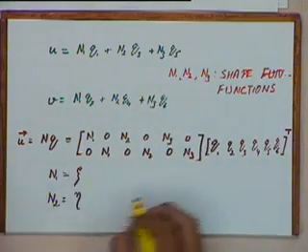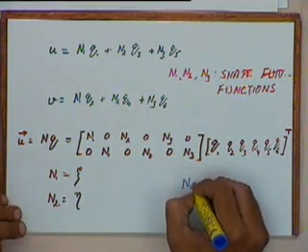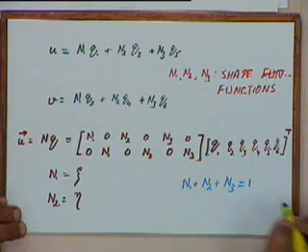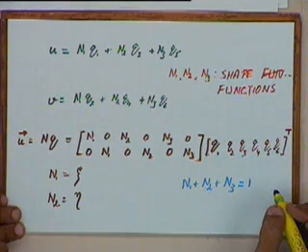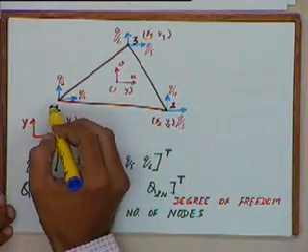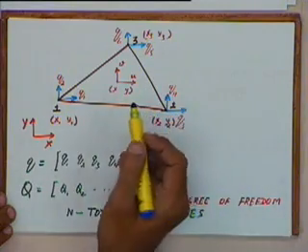The third constraint is that n1 plus n2 plus n3 has to be equal to 1 at all locations. That is because if I consider this element, it's a combination of the three. It need not be linear. Even if it is not linear, it's a combination of the three.